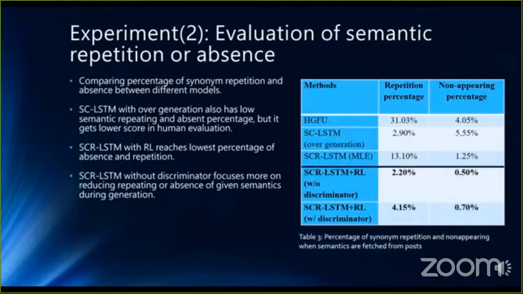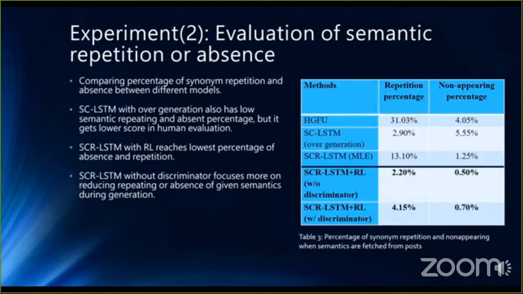We also evaluate how our model helps reduce semantic repetition and absence. It turns out that our proposed model with reinforcement learning reaches the lowest semantic repetition and absence rate. We can also notice that SIGDIAL with overgeneration has a low semantic repeating and absence percentage, but it gets a lower score in human evaluation.